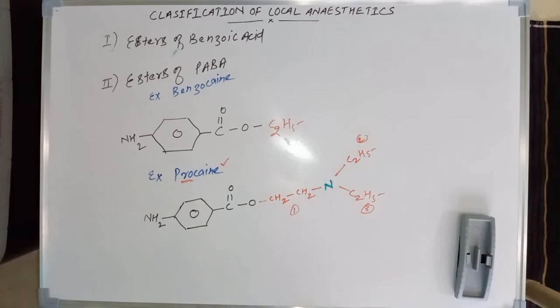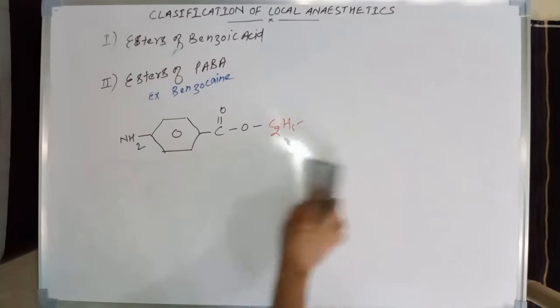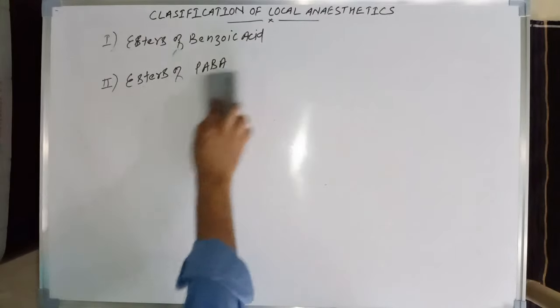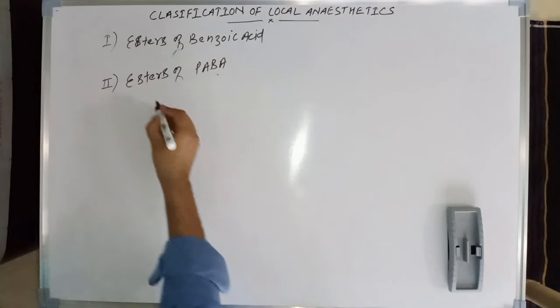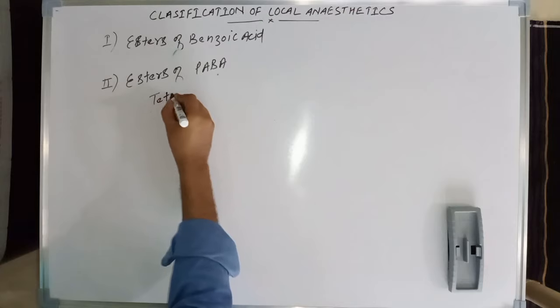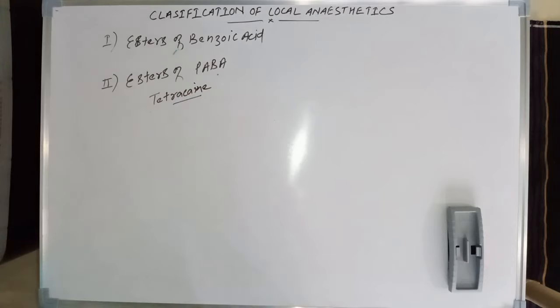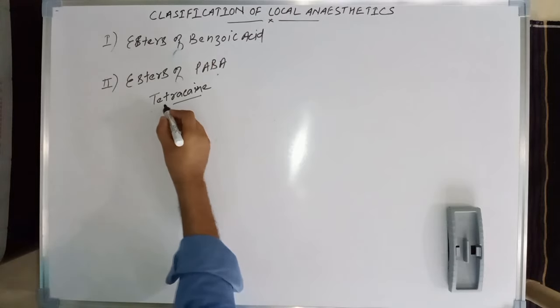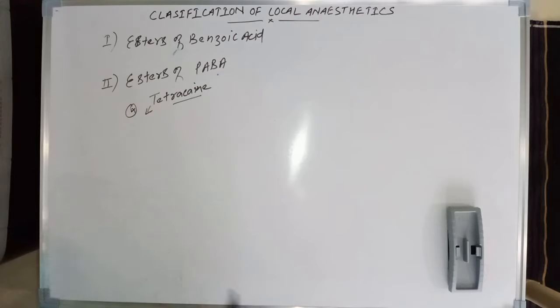Now the next drug under this class is another example, tetracaine. Tetra means 4. So what are these 4? Let's see the structure.